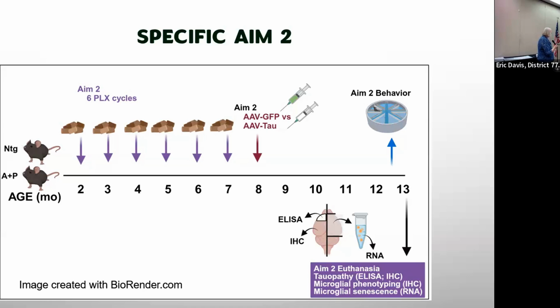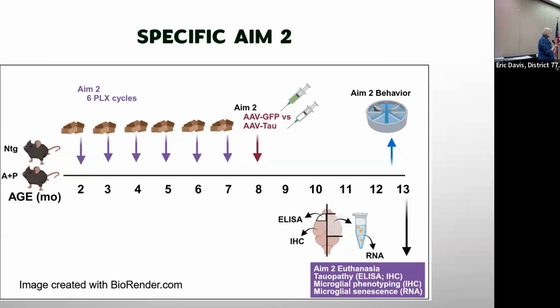So I'm going to take these microglia that are in these mice here, and I'm going to treat them with this chemical that kills the microglia. But then I'm going to take away the drug. So then, obviously nothing is perfect, and so it's not going to kill all of them. There's a few that are left behind. And those few that are left behind are going to proliferate to repopulate the brain.